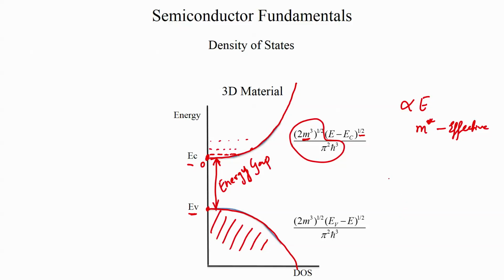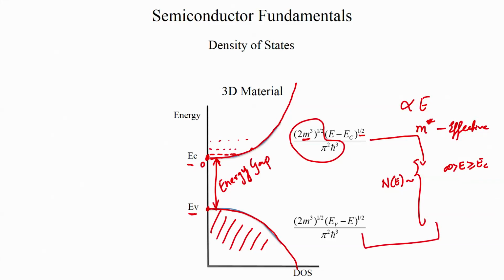If you ask what is N of E, what is the density of state distribution in a perfectly crystalline 3D material, the answer is this when E is greater than or equal to EC, that is from EC to infinity.